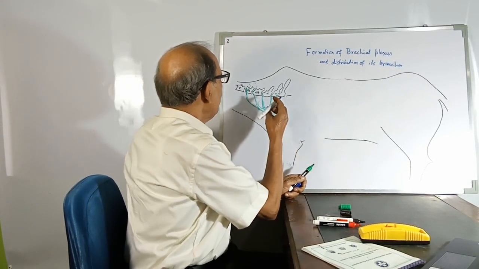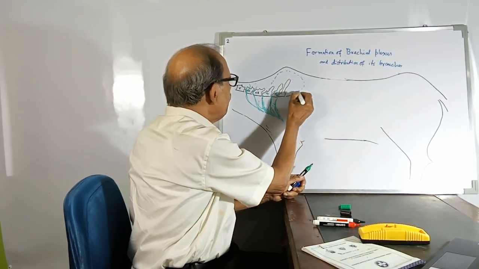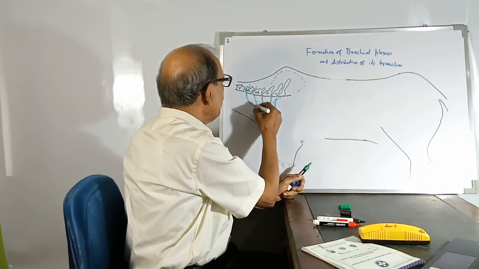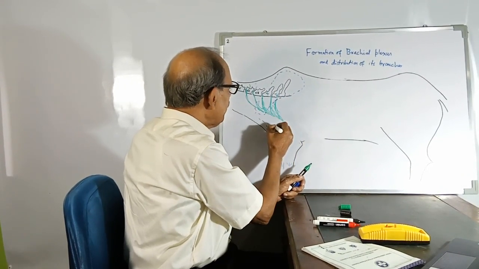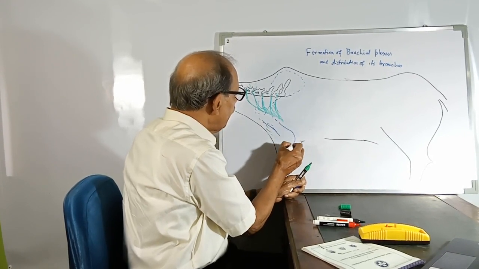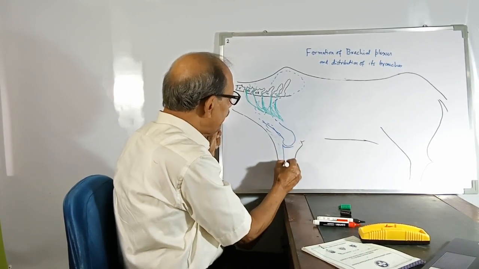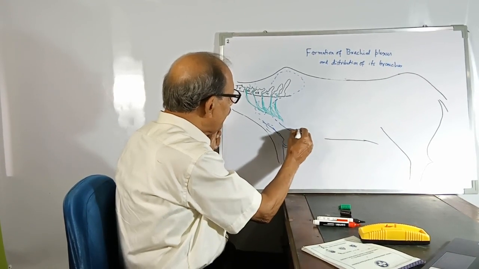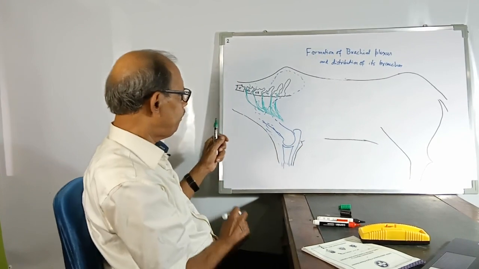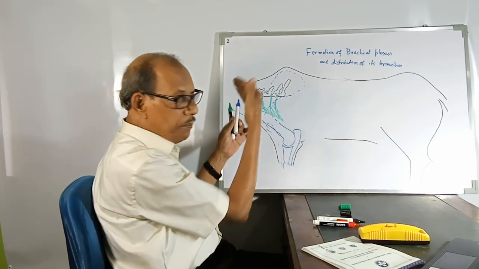Now here, this is the level of this bone, scapula. Here is the bone humerus, this is the radius, and here we are getting the ulna. So they are outside. Inside we are getting this brachial plexus.